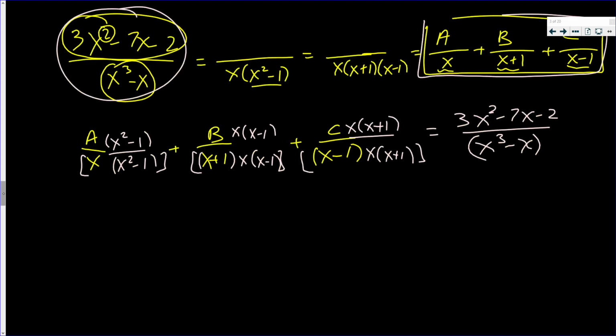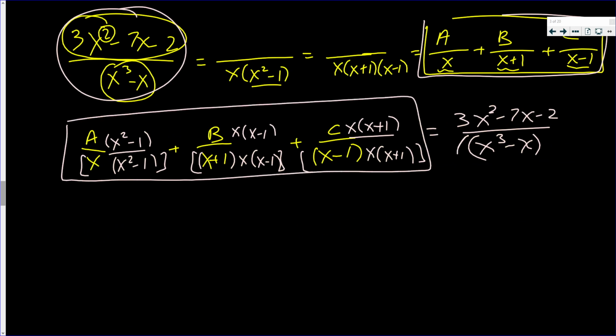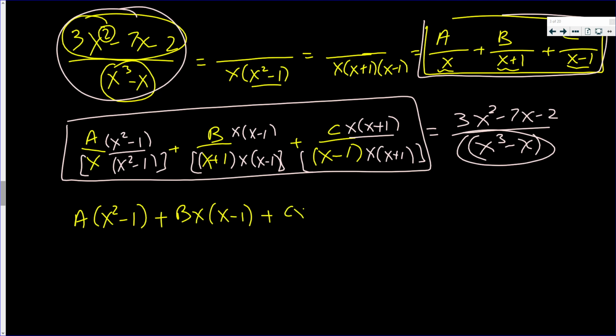So the denominators between this and this are the same. The left side has a common denominator and it equals the right side. That means the numerators must be equal. A times x squared minus 1 plus bx times x minus 1 plus cx times x plus 1 must equal this numerator.